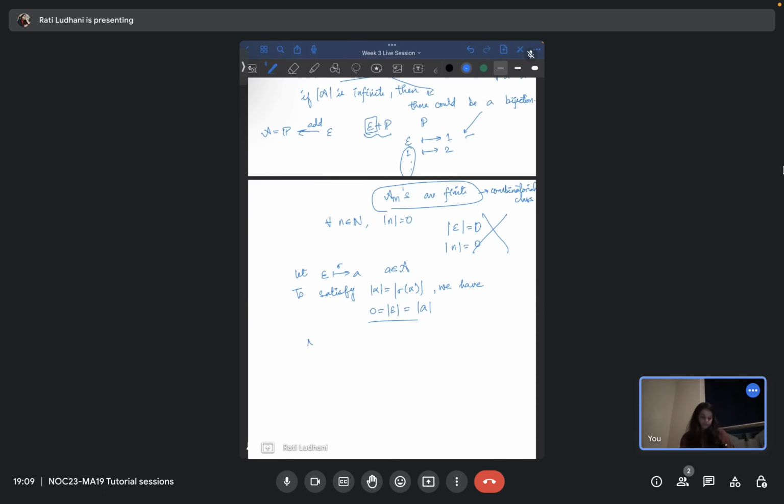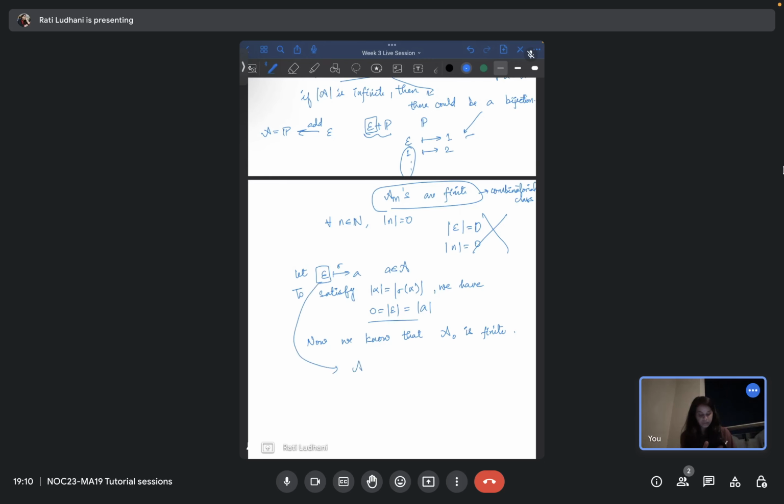Now we know that A0 is finite, which is all the elements of A which have size 0. Okay, so what will you get here? So you have size to be 0. Now at this place you have a bijection.